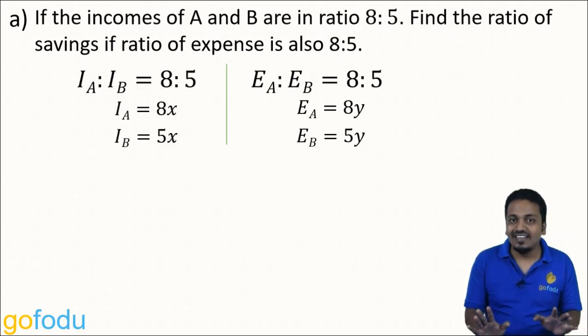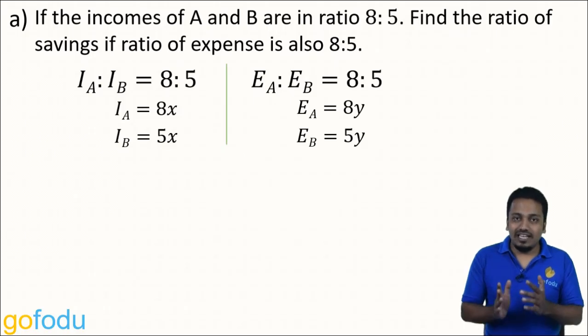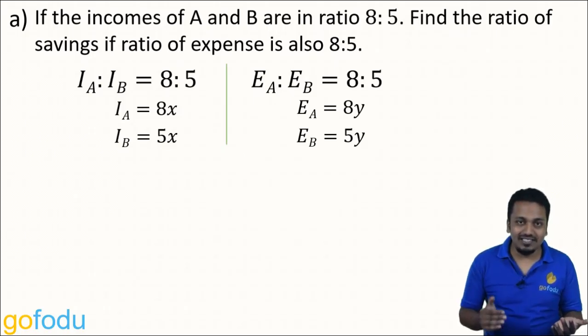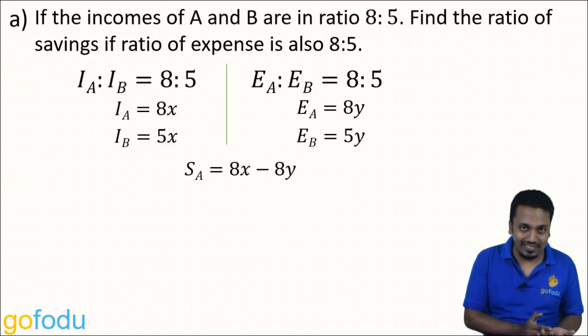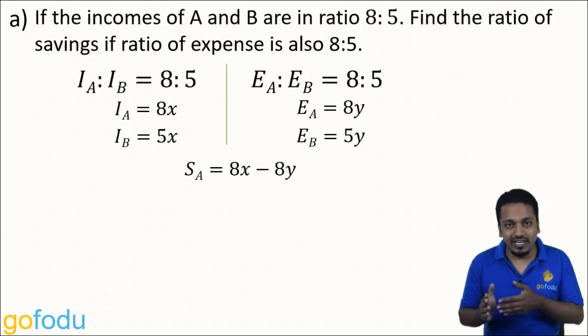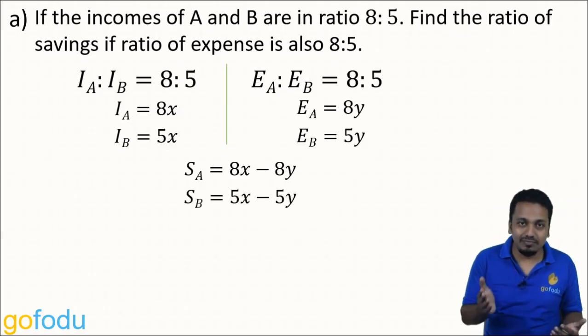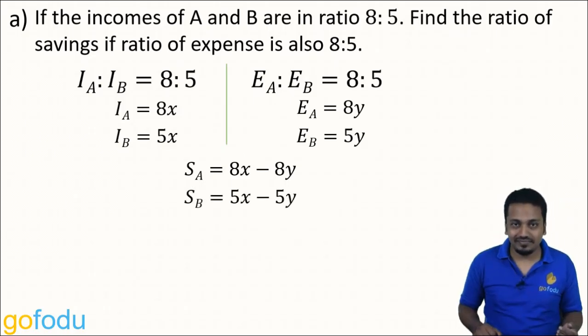Okay, got it? Now, savings of A would be income of A minus expense of A, that is 8x minus 8y. And savings of B would be income of B minus expense of B, that is 5x minus 5y.